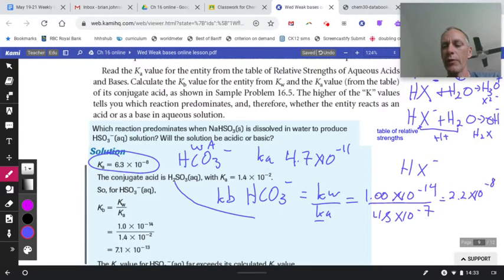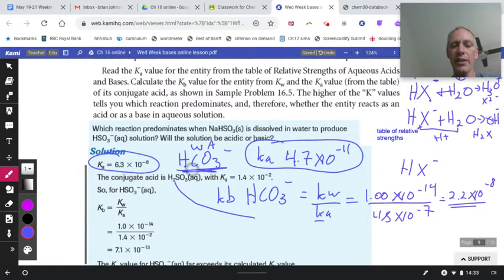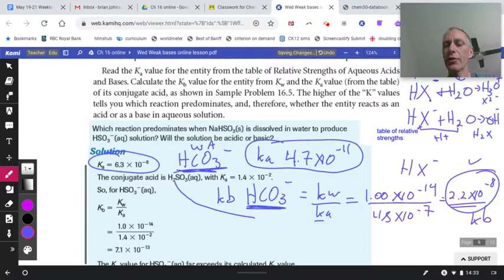If you're a numbers person, we compare the Ka of the acidic form to the Kb of the basic one. Whichever one is larger is stronger. Negative 8 is a much larger value than negative 11.